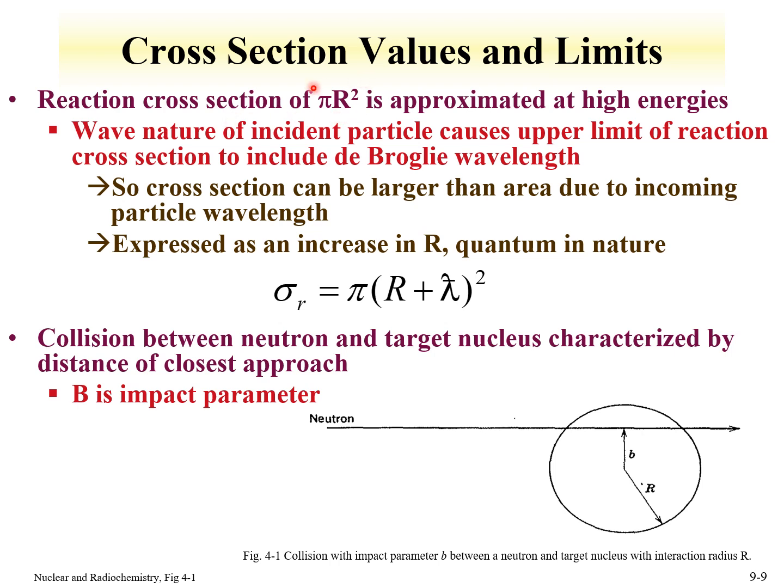Well, this pi r squared cross-section, which is fundamentally close to a barn, is approximated at high energy. However, the wave nature of particles has an upper limit of reaction that includes the de Broglie wavelength. So fundamentally, this equation, pi r squared, can go to pi times r plus the de Broglie wavelength, squared. So the cross-sections can be larger due to the incoming particle wavelength.